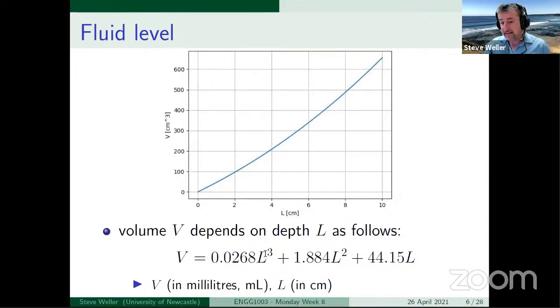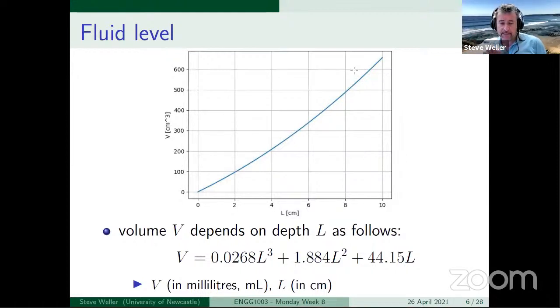So the fact that it's not just a linear term, it's got this quadratic and cubic term, means that there's a nonlinear relationship between the depth of the liquid L and the volume V. It also shows up as a nonlinear problem because if we literally plot what V looks like as a function of L, the curve that results is not an exact straight line. It's pretty close to a straight line, so this is not a particularly nonlinear problem, but it's still nonlinear.